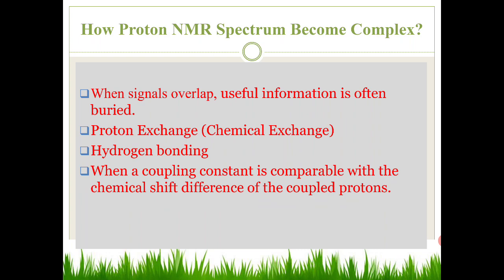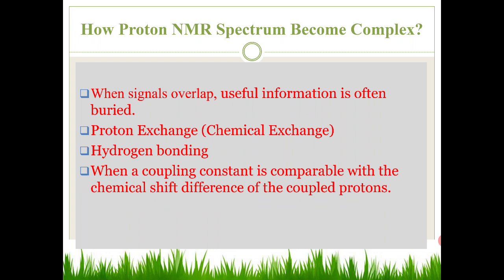Another factor is when the coupling constant is comparable with the chemical shift difference of the coupled protons. We have two important parameters in NMR spectra. One is the chemical shift, the position in ppm, which will tell you which functional group the observed proton is part of. Another observation we make in NMR spectra is the splitting pattern.